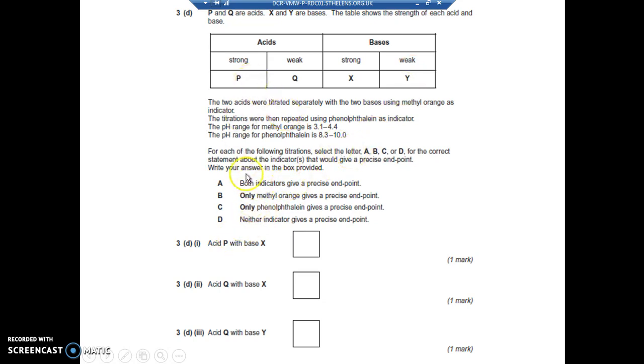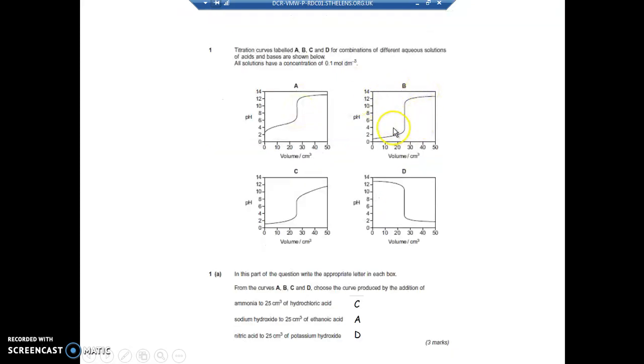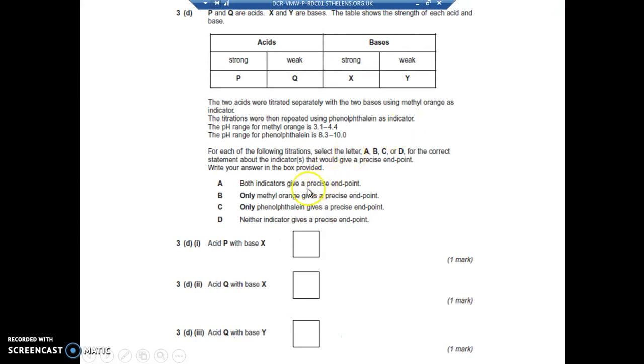So if I had here acid P with base X, acid P, strong acid, with base X, strong base, you've basically got that shape of curve here with an equivalence point somewhere between 3 and right up to about 11, because that's where the pH change is happening rapidly. pH 3 up to 11, yeah, you could use methyl orange, and you could use phenolphthalein. You can use either. So this one is either. Both indicators give a precise endpoint.